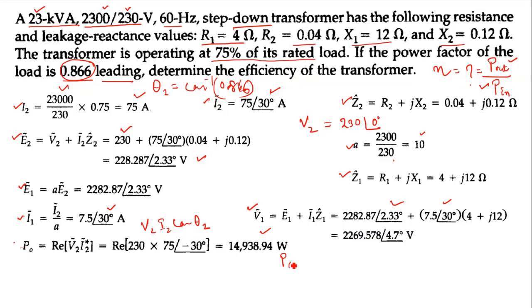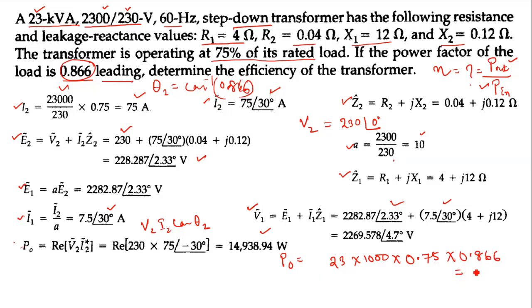Also in another way you can check this output power. You can directly write 23 kVA, 23 into 1000, into the percentage load which is 75%, into 0.75 into 0.866.